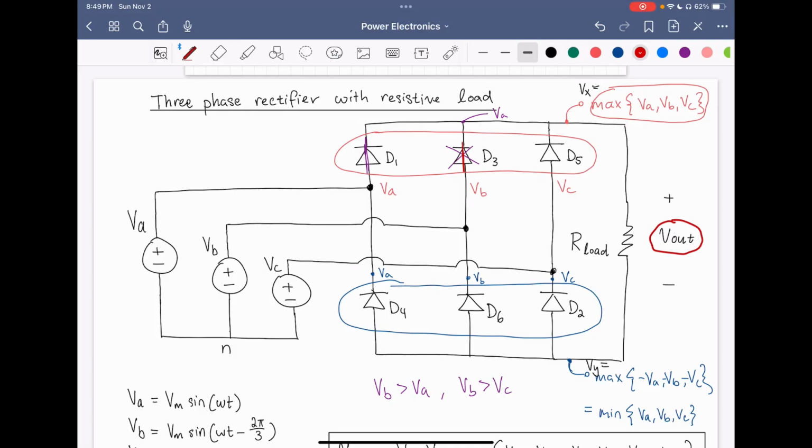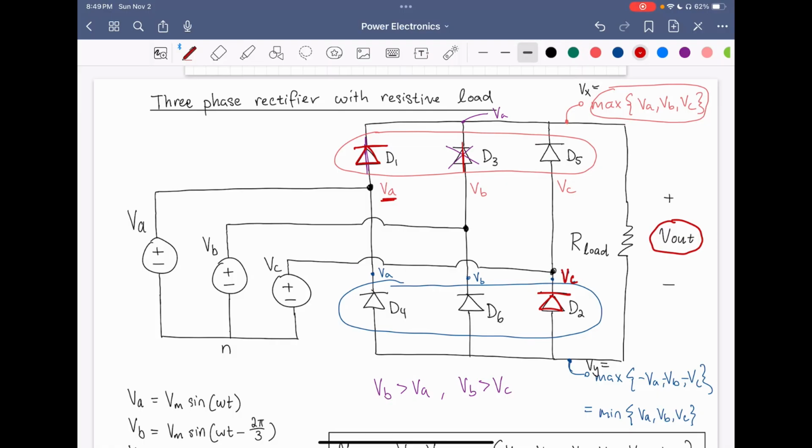And as for when the diodes are going to conduct, diode D1 is going to conduct when VA is a maximum. Now, diode D2 is going to conduct when VC is at a minimum, or in other words, when negative VC is a maximum.